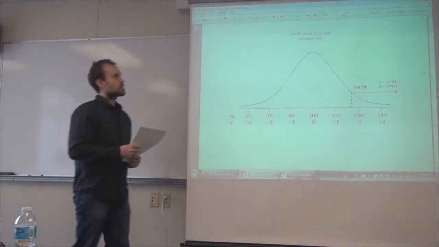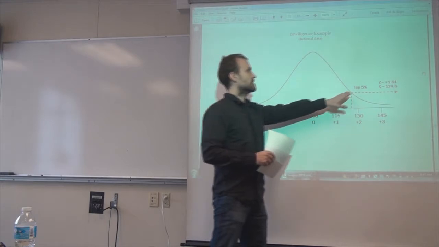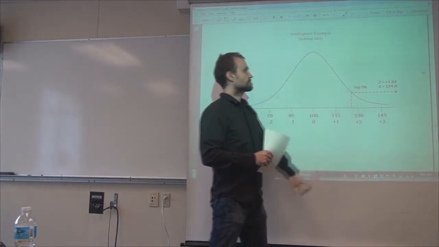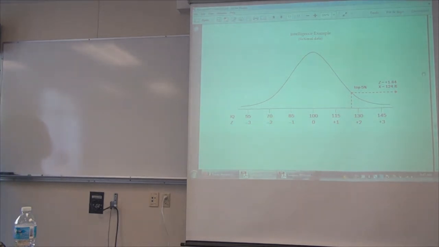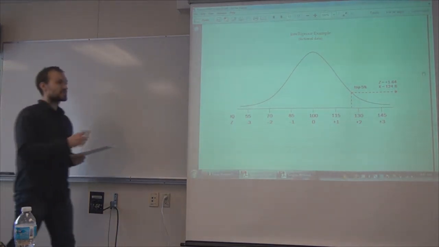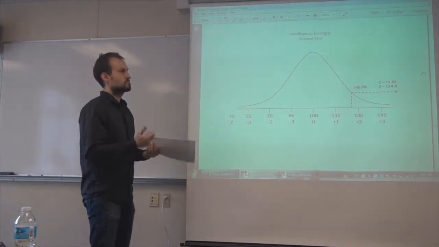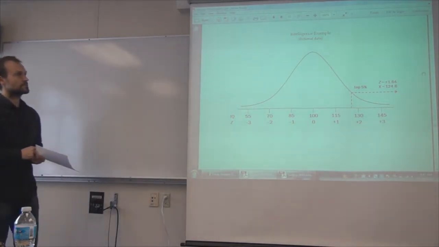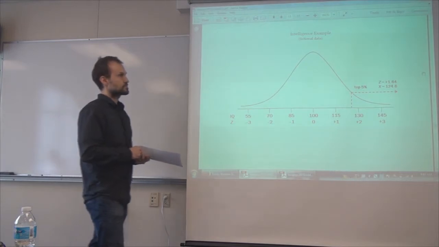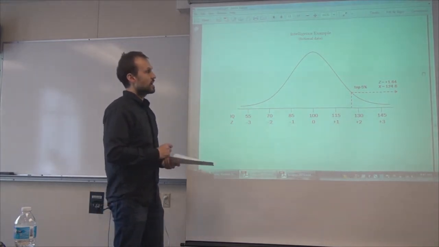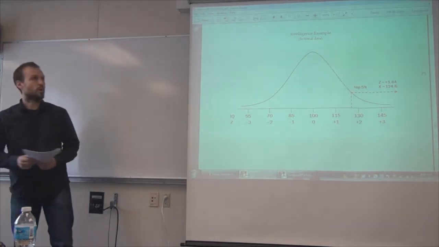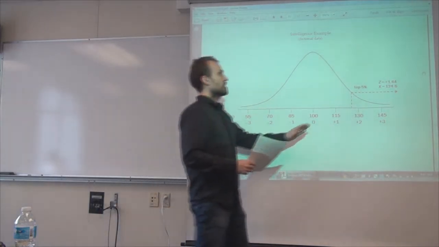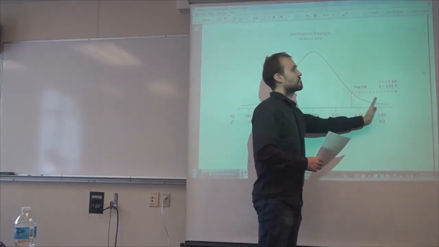So I will call this percentage that I decide on beforehand the confidence level or significance level, whichever one you want to use. So obviously, if I choose a smaller percentage than 5, for example 1%, then my cutoff is going to be further out.